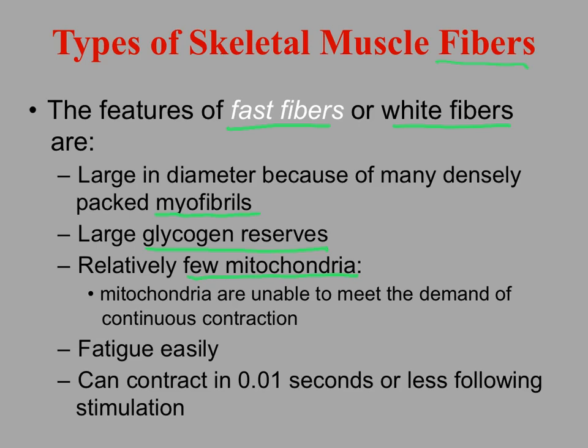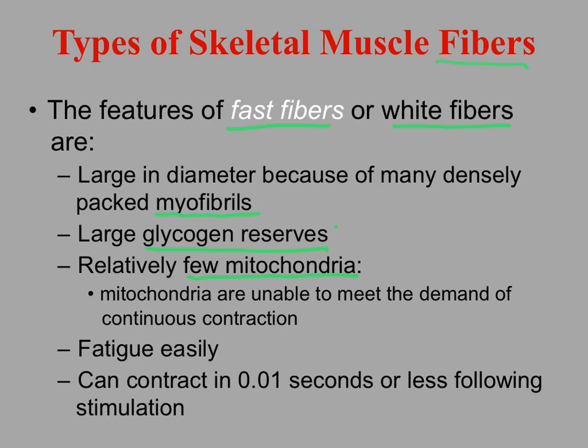So they've got plenty of energy built up, but they don't have a whole lot of mitochondria to constantly burn that energy. The mitochondria in fast fibers can't keep up with long-term energy demand.